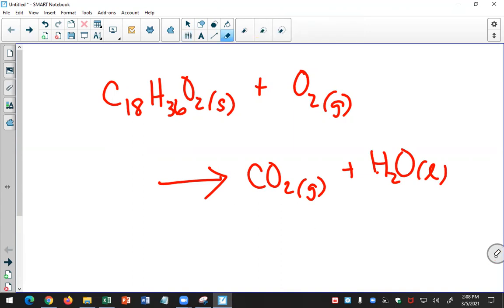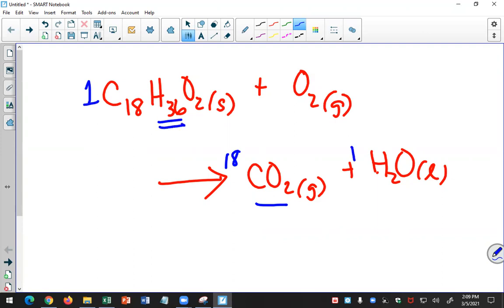So how do I balance this equation? I want to use 1 mole there. I have to fix that. So how many CO2s do I get? 18. How many waters do I get? 36 hydrogens. So 18 water.